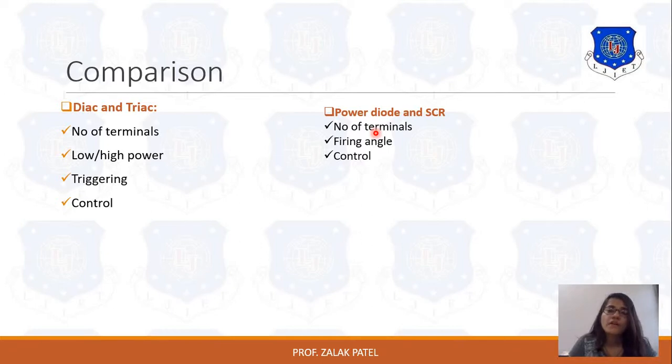In case of power diode, it is absent. Load power can be controlled in case of SCR because of the gate terminal. In case of power diode, load power cannot be controlled. You can also discuss the symbol and structure for the difference of power diode and SCR. So these are the differences between power diode and SCR. Each difference can be asked for 3 marks.